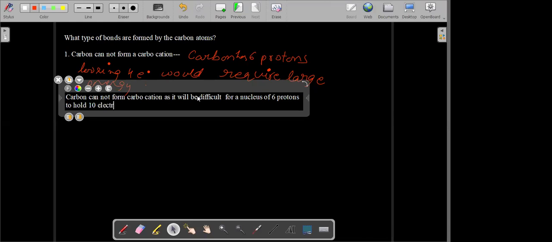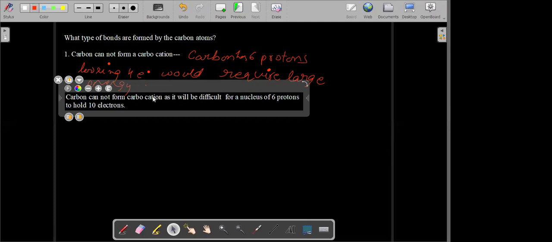Alright. A nucleus of 6 protons can't simply hold 10 electrons as the electrostatic repulsion between the electrons will be very high. Okay. So it won't be stable. And therefore carbon cannot hold 10 electrons. So carbon cannot form a carbanion.